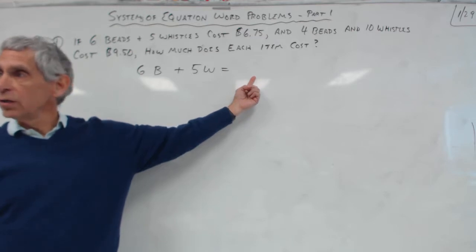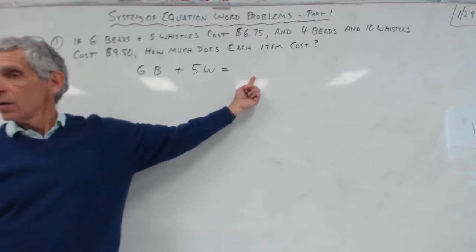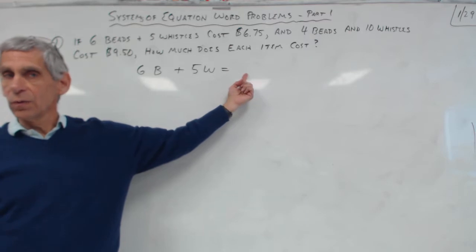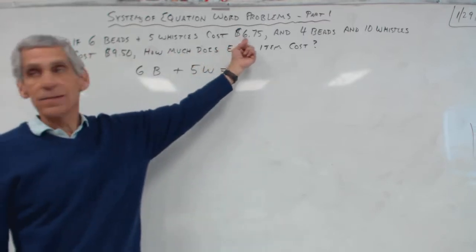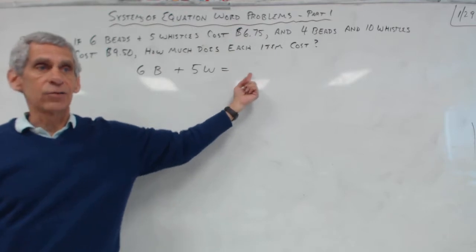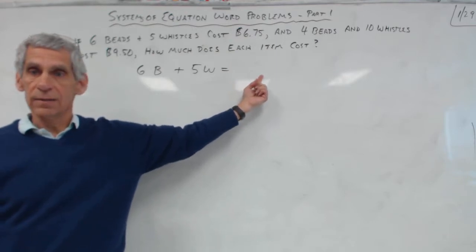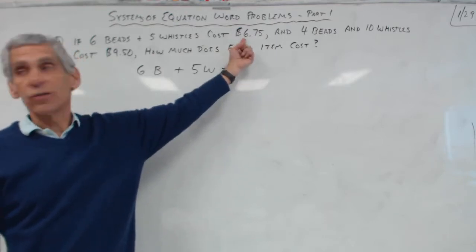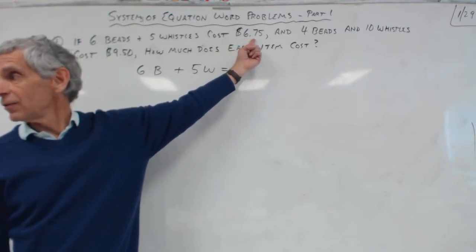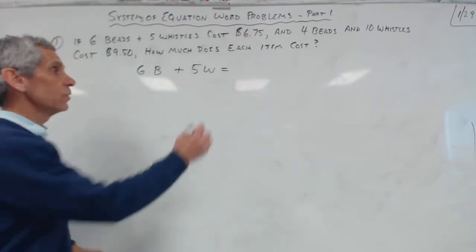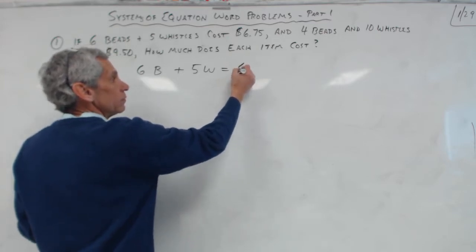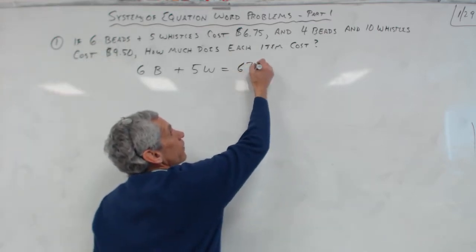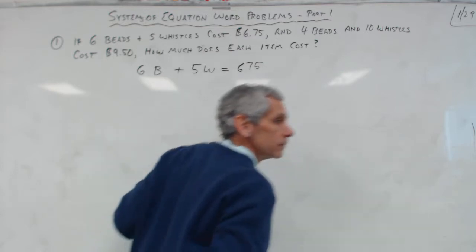Now, you could do decimals, or you could do fractions, but with dollars, think about it. My guess is the answer is going to be in cents. And so I would rather turn $6.75 into just cents. You just move the decimal over, so it's 675 cents.